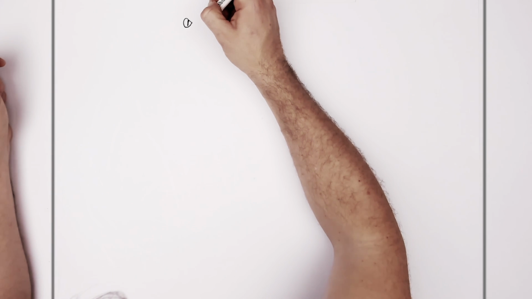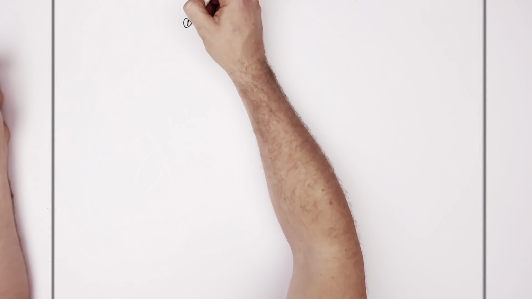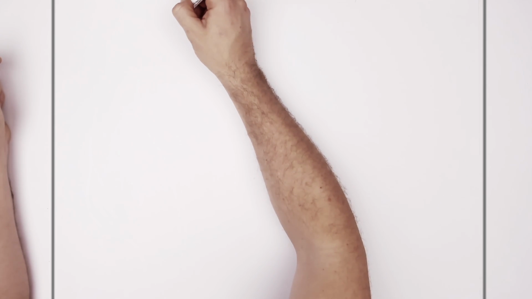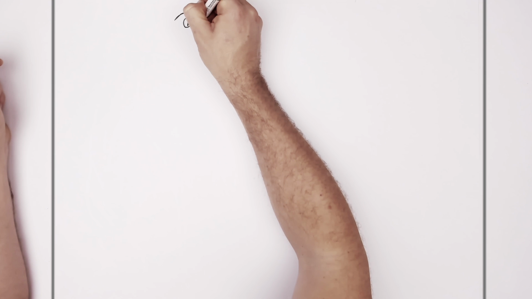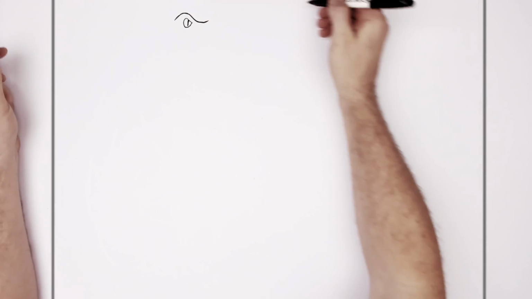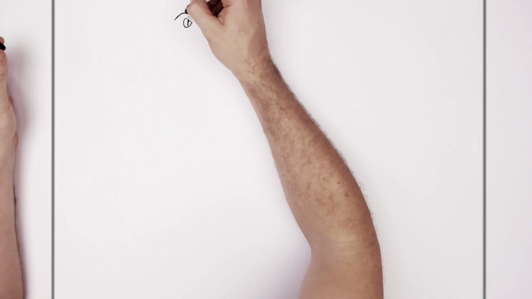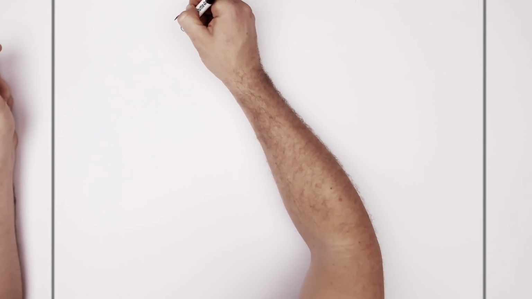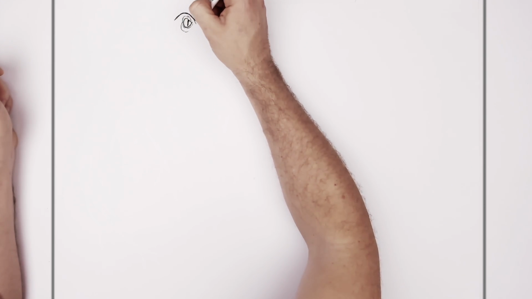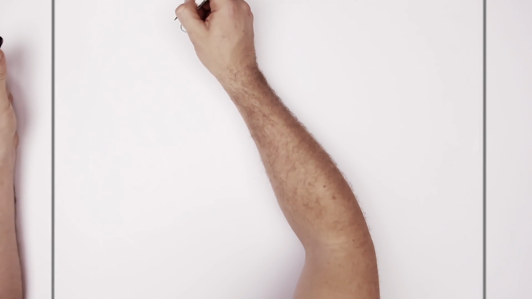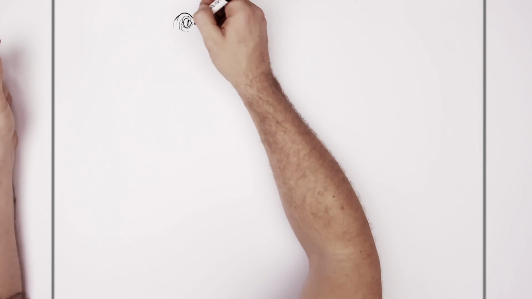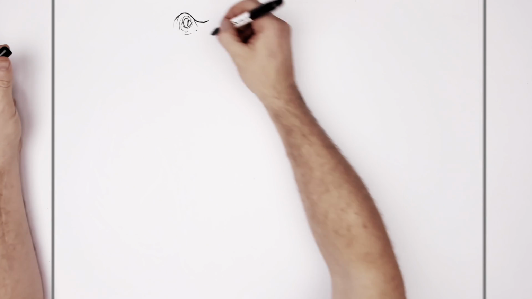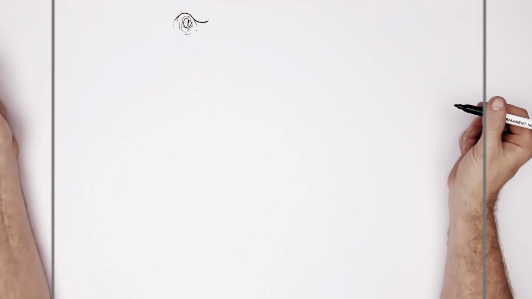And then we give him like a big aggressive frown here. Right? And then we got like some eyelid lines just around the eye. Okay, like so.